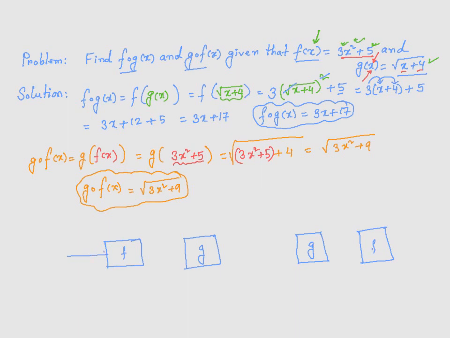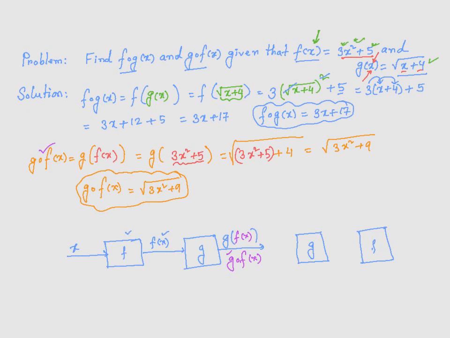So this function f taking an input x is going to give out f of x. That's an output for this function. Whatever is output of this function, which is f of x, goes as an input to the next function and it gives out g of f of x. So this, by the way, is g composed with f of x.